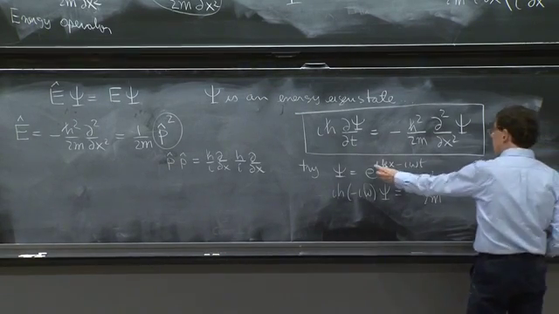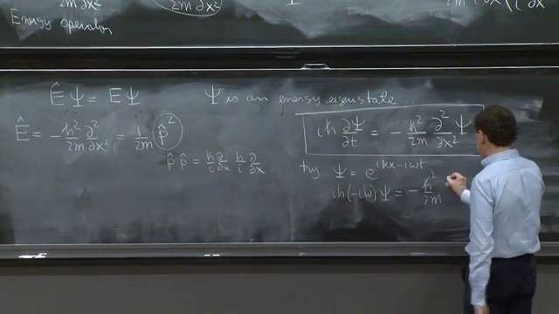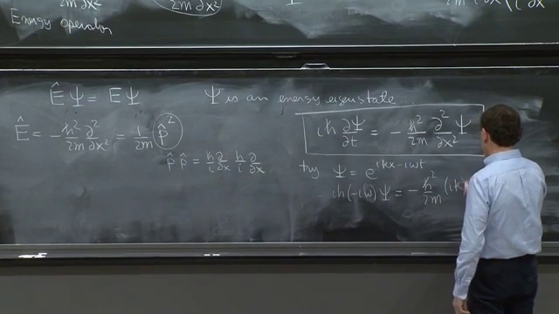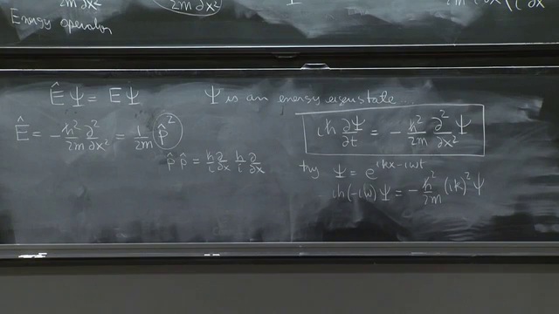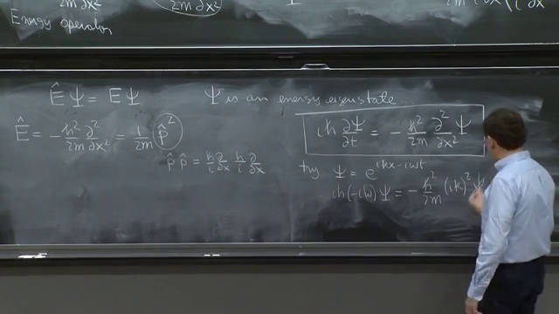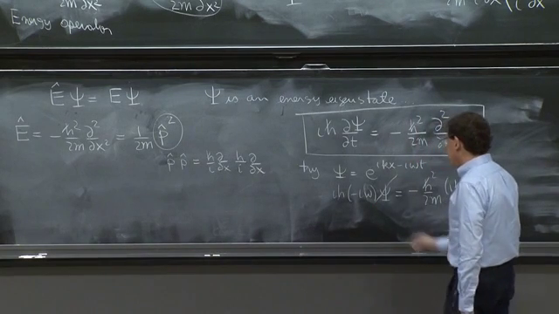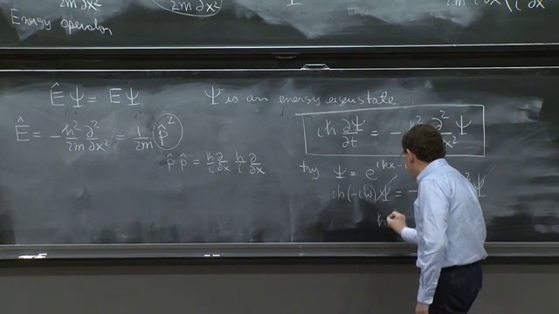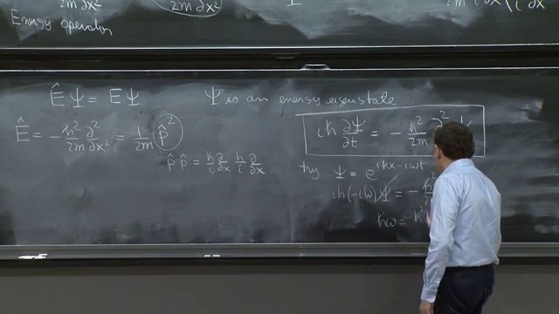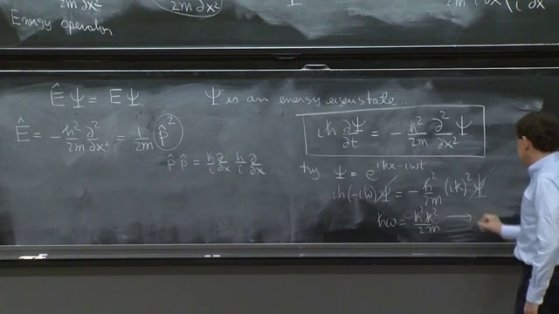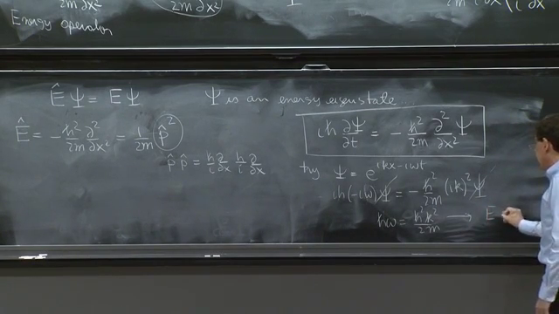And that gives you an ik times another ik, so (ik) squared times psi. And the psi's cancel from the two sides of the equation. And what do we get here? h bar omega is equal to h bar squared k squared over 2m, which is E equal p squared over 2m.